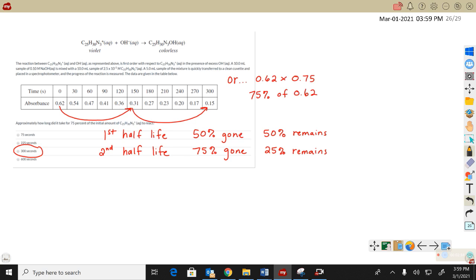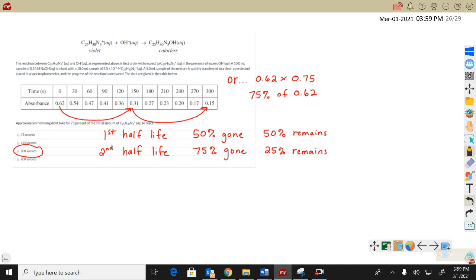And so you could just say, all right, I'm going to take 75% of that 0.62, and you should get about 0.15. And so I could say, all right, so by the time I'm at an absorbance of 0.15, it took 300 seconds. That would work.